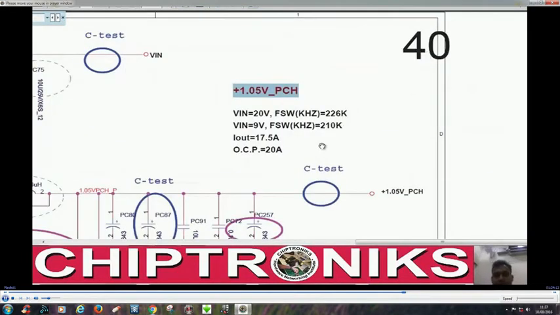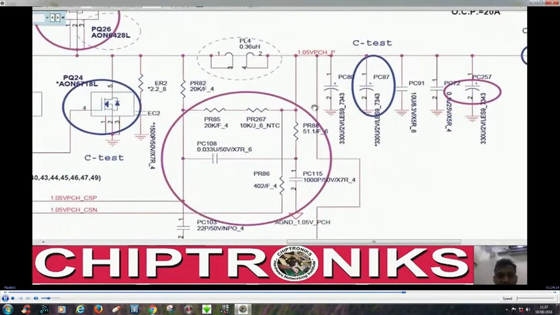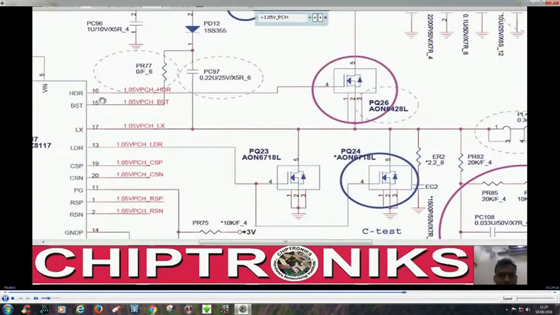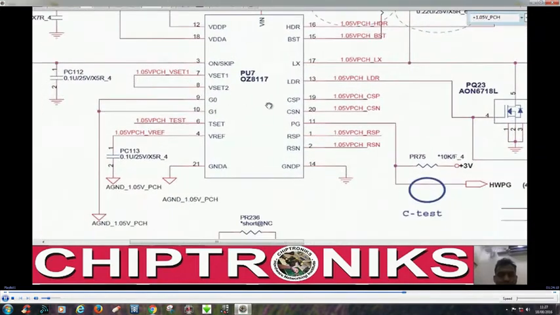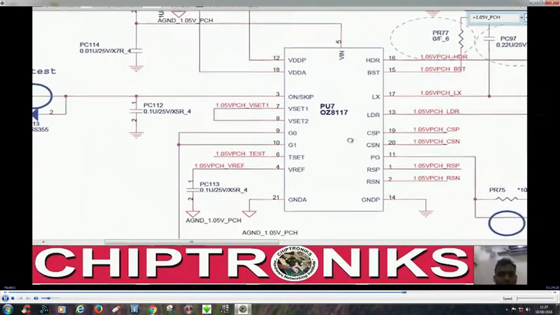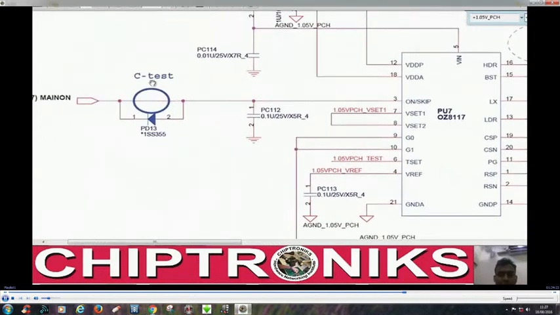So you can see this voltage regulator is generating 1.05 volt underscore PCH, and the enable of this voltage regulator is connected with main on.